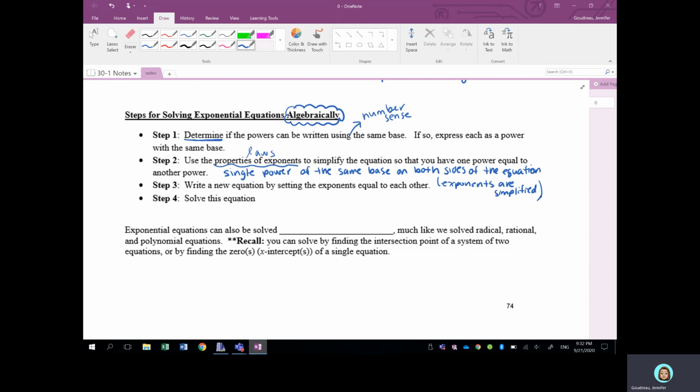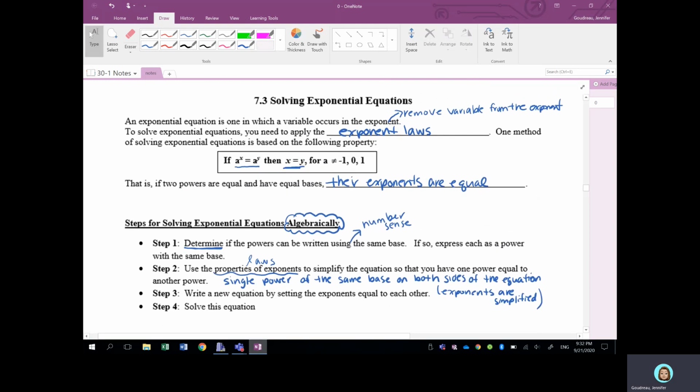Once we have a single power with the same base on both sides of the equation, in other words, once we have a to the power of x equals a to the power of y, our third step is to set the exponents equal to each other. So here is where we are using that property that we talked about up here. Single power, same base, equate the exponents.